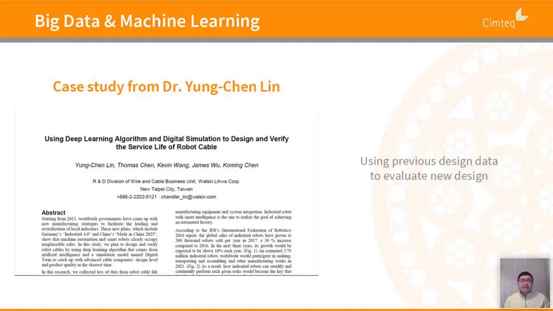He is using existing cable design data to train this supervised machine learning module, then using this module to predict new designs for robotics arms. And the result is very encouraging and very positive. This is a very good example of using big data and machine learning to solve cable business issues.